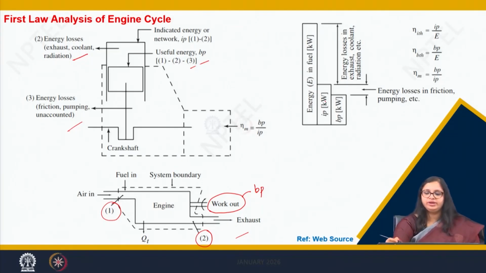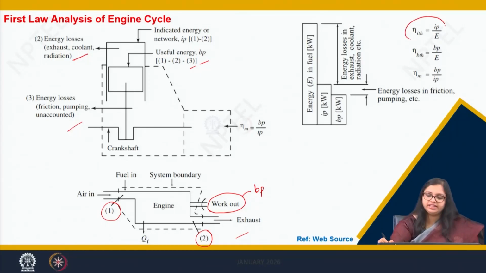From that, when we deduct the energy lost due to exhaust, coolant or radiation, we get the indicated power, and from that when we deduct the energy losses in friction or pumping, we get the brake power.